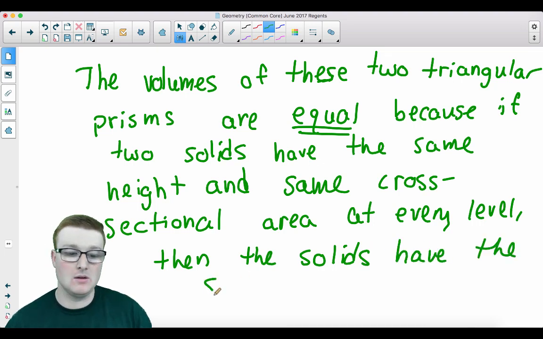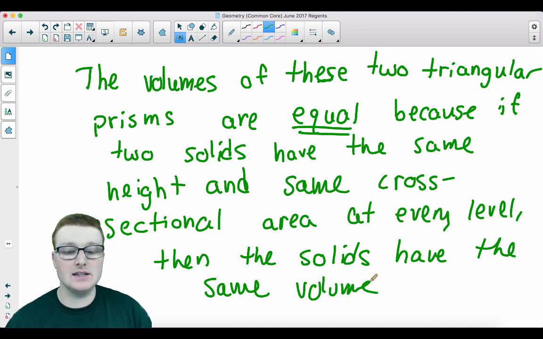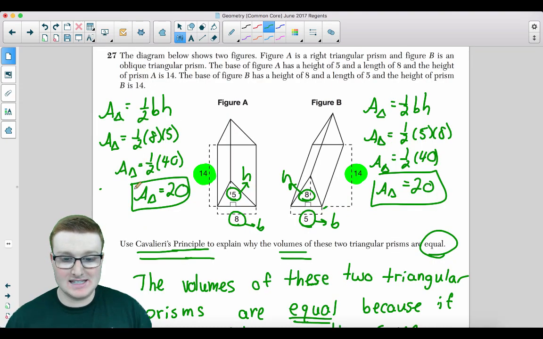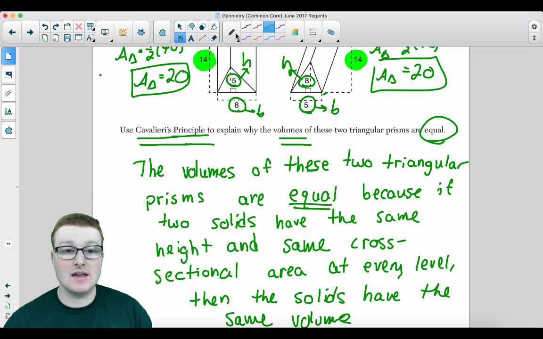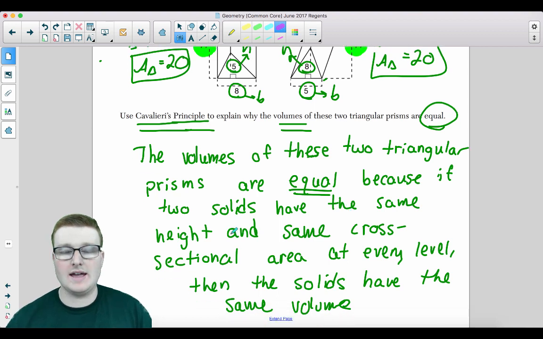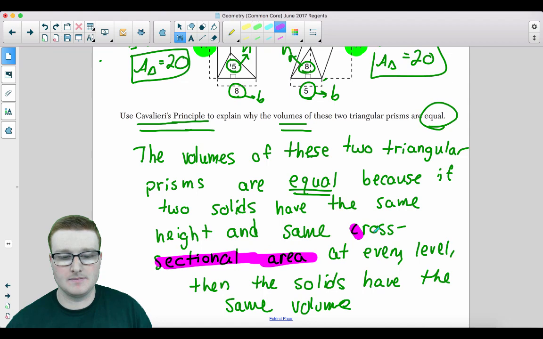Well, what in the world does that mean, Trevor? I will tell you. I basically just put into words what I said before. These two triangular prisms have the exact same base area. I said it a little differently: the same cross-sectional area at every level.